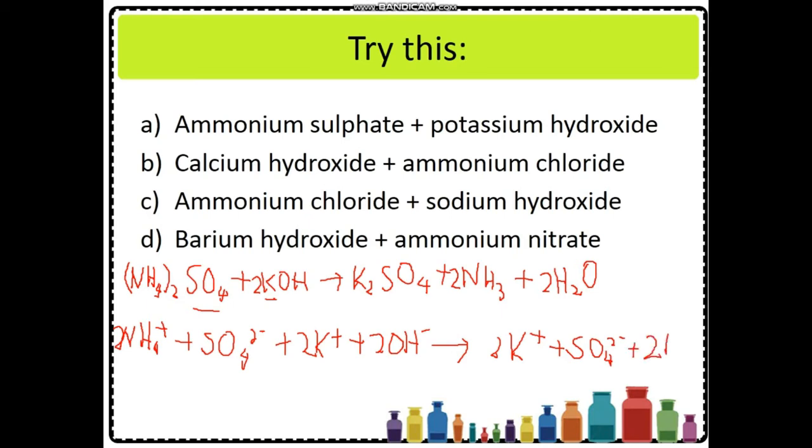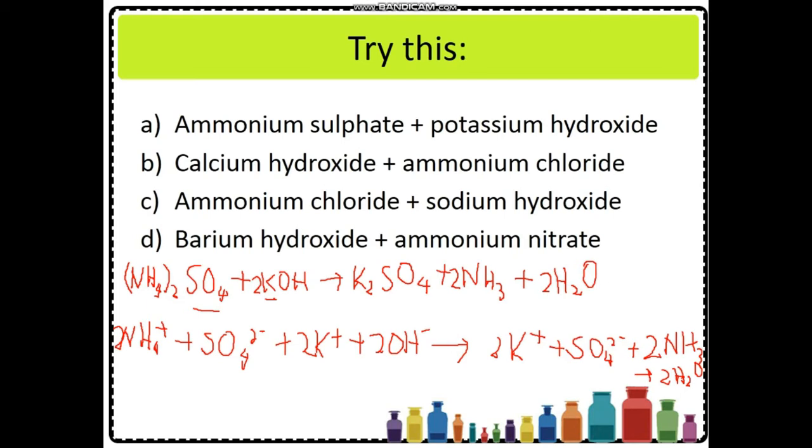Ammonia gas is a molecule, water is also a molecule, so we don't need to break them into ionic form. As you can see, sulfate and potassium ion exist on both sides.